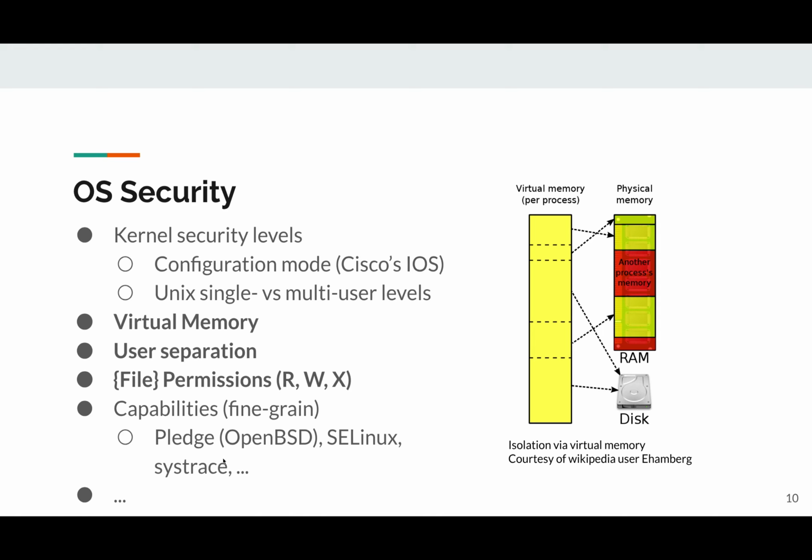Now there are other operating systems like OpenBSD, which have devised even more interesting security mechanisms, like pledge here. You as a programmer might say, okay, I'm writing this program, and this program is not allowed to touch this and that subsystem. It's only going to be allowed to touch, for example, the disk or the sound subsystem, because I'm just a program that plays MP3, and I'm not going to ever touch your graphics card, for example, because I don't care about it.